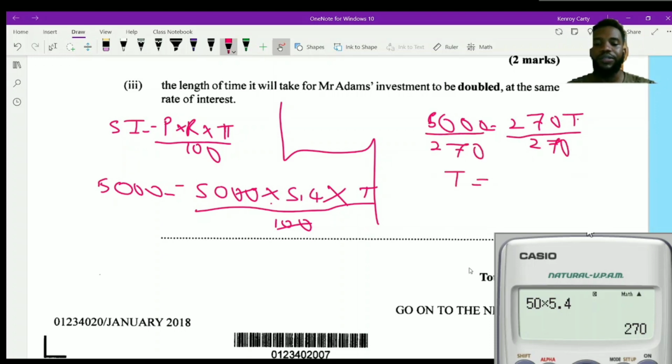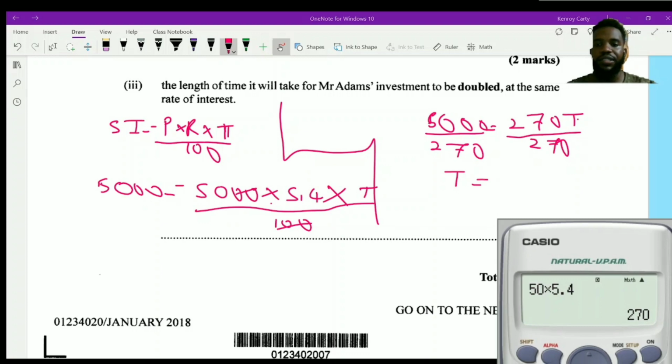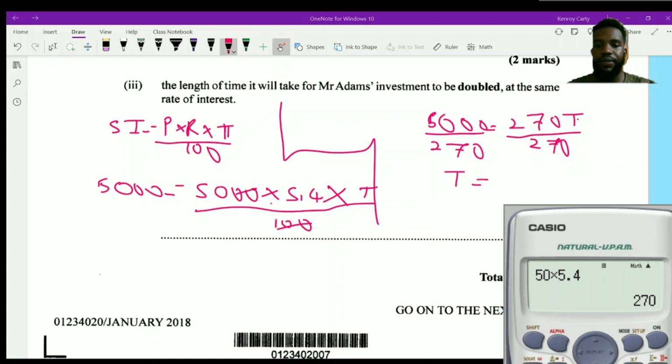So t would be equal to, once again, our calculator would be needed here. Let me just put it there so you can see it. So I'm going to have, let me clear this, 5,000 divided by 270 equals, let's break that down, 18.518.